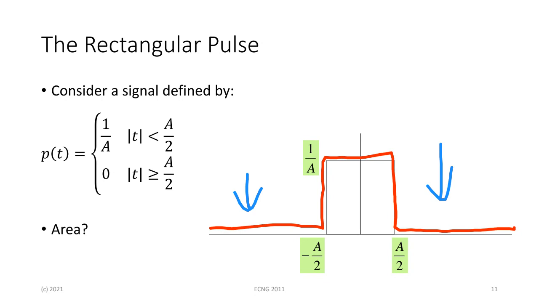Sorry, for mod A greater than or equal to A over 2, so here and here, it is 0, and between these 2 points here, the amplitude is 1 over A. So what that means is that if the amplitude is 1 over A, the area under the pulse, which is the important thing, is equal to 1 unit. That's the important definition of it. Not only that, the width is A and the height is 1 over A and it's symmetrical about the 0 line. That's how we define the pulse.